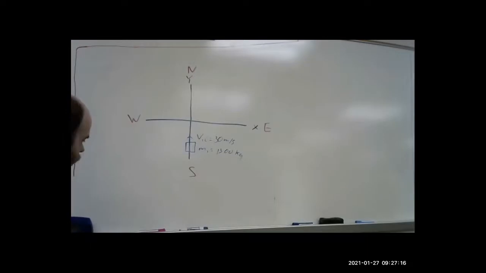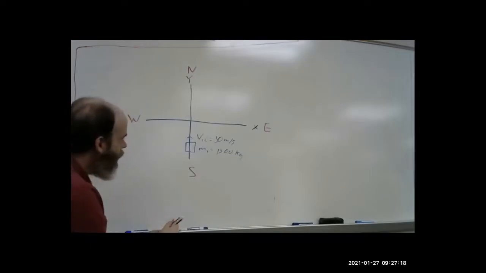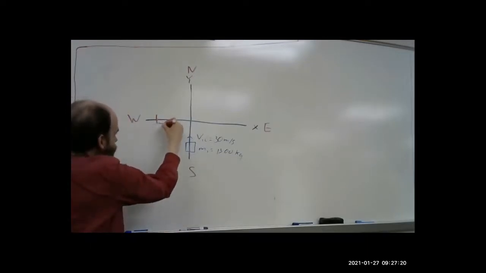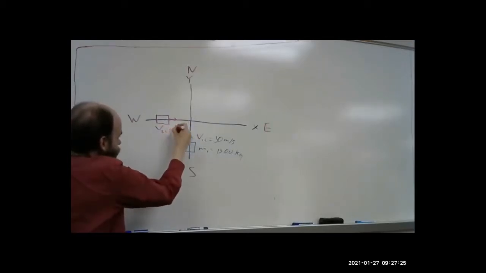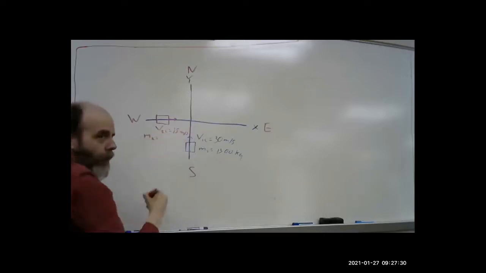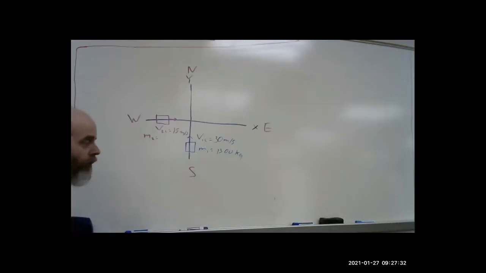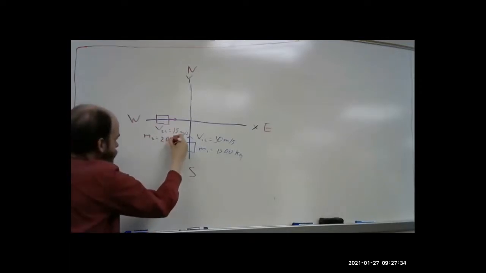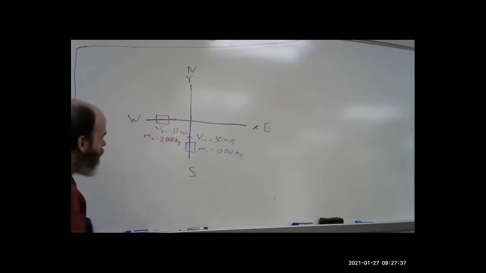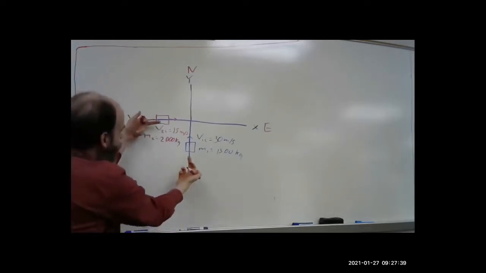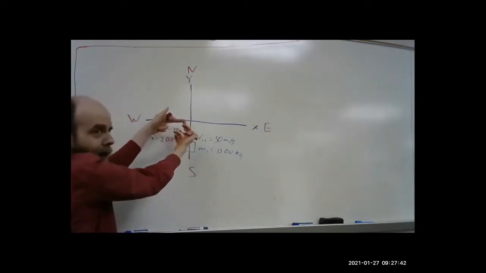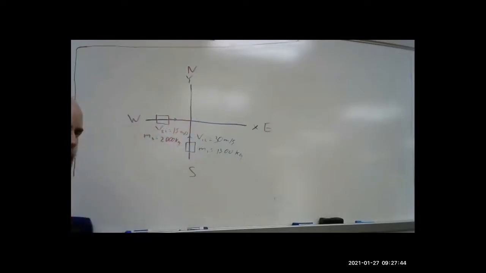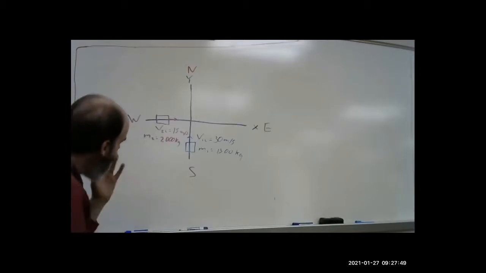And then we have our other car, car 2, and we have V2 initial equals 15 meters per second, and mass 2 is 2,000 kilograms. So these two cars are going to come together and have a collision. And after the collision, they're going to stick together and move off.